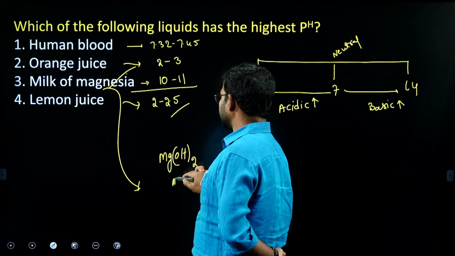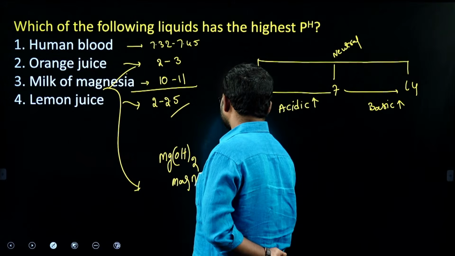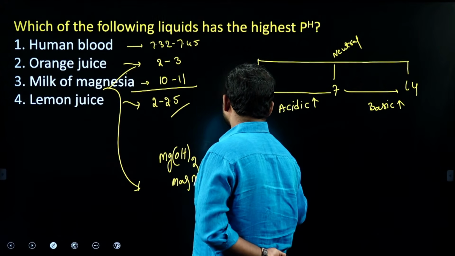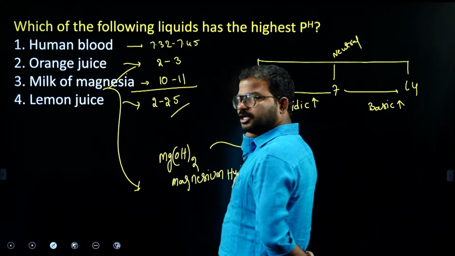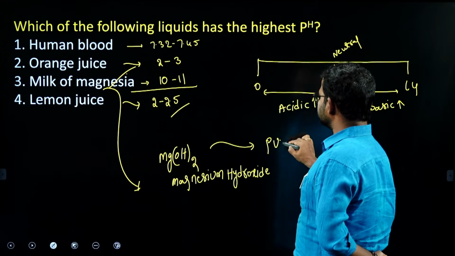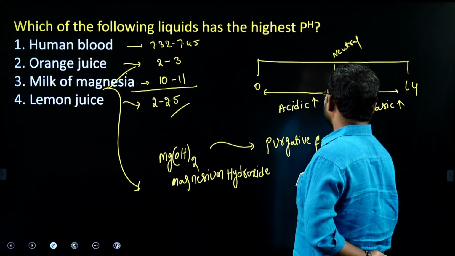Magnesium hydroxide can be used as a purgative for children.